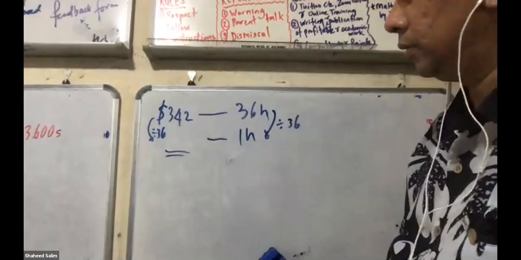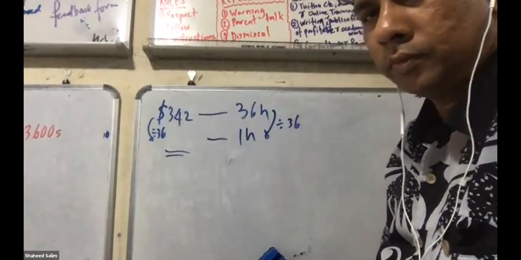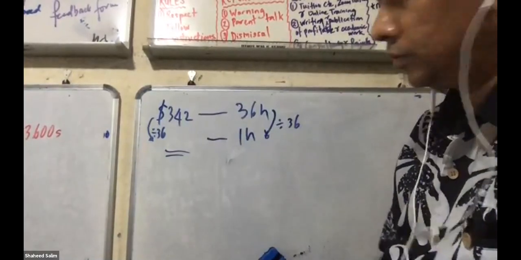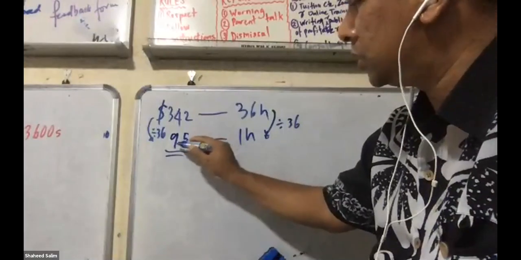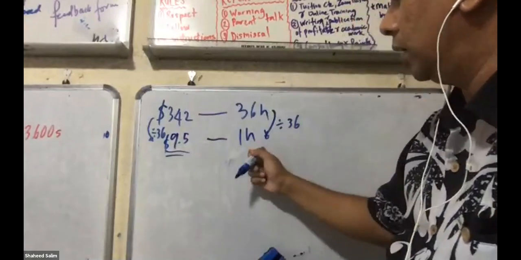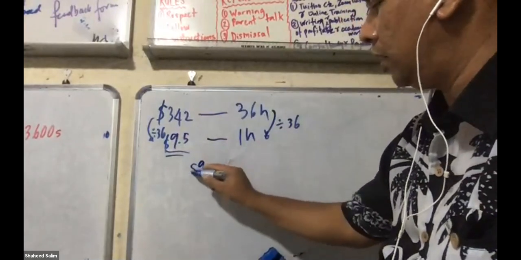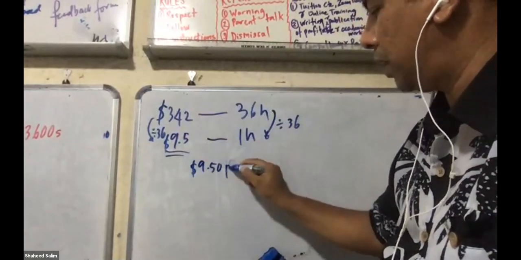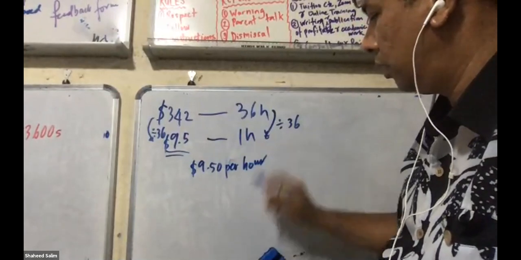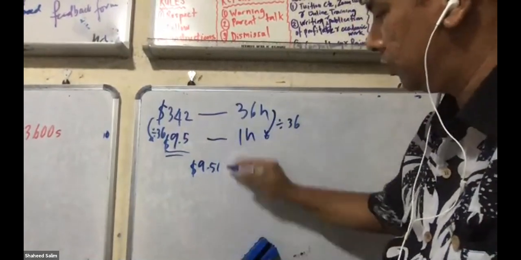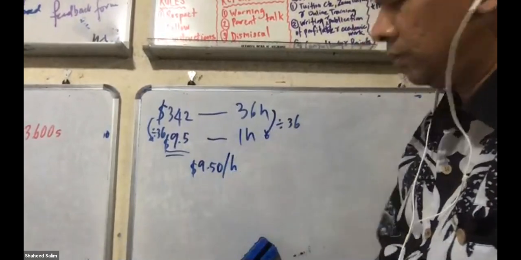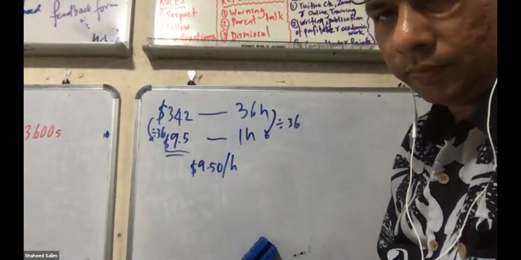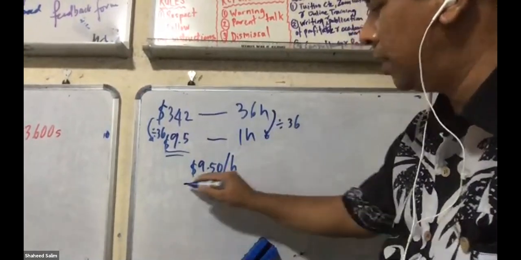How much do you get? 9.5. Okay, good. This is $9.50 per hour. So this is your rate. You can write it like that also. This is a normal salary.